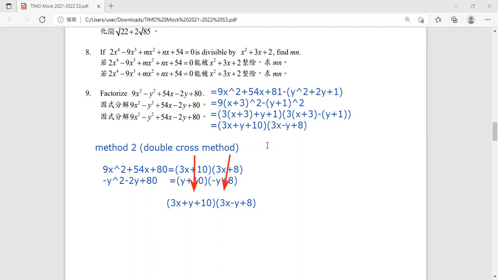It may be a little bit different for you, because you can directly use the cross method for this part. Any questions?